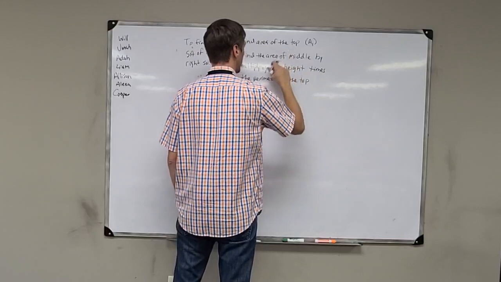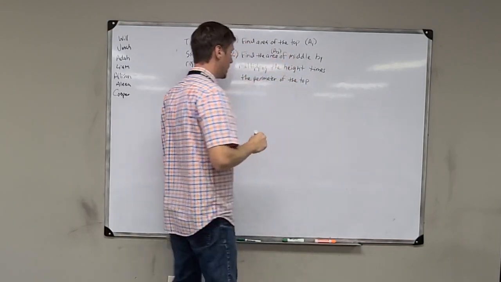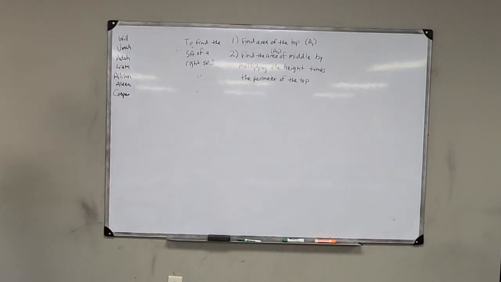We'll call this A2. I'm afraid if I put it at the end, you guys will get confused about what I'm talking about there. So those are the two areas we have to find.